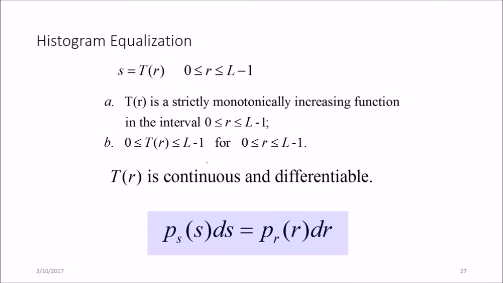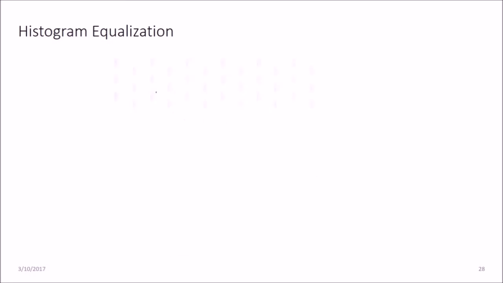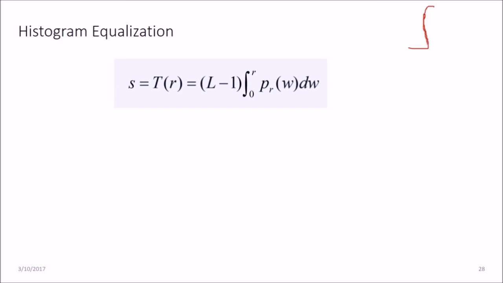In this case, T(r) is continuous and differentiable. So p_s(s) ds is equal to p_r(r) dr, because it is continuous and differentiable. Since it is differentiable, we can represent it using an integral.